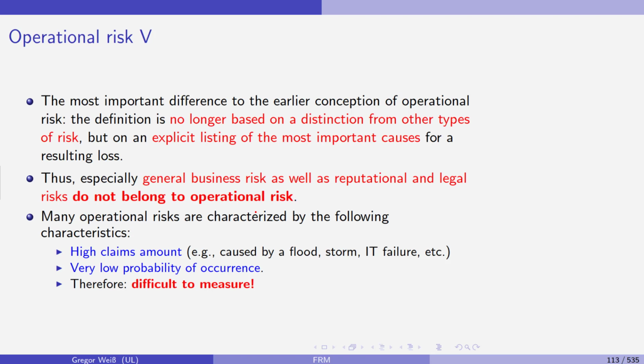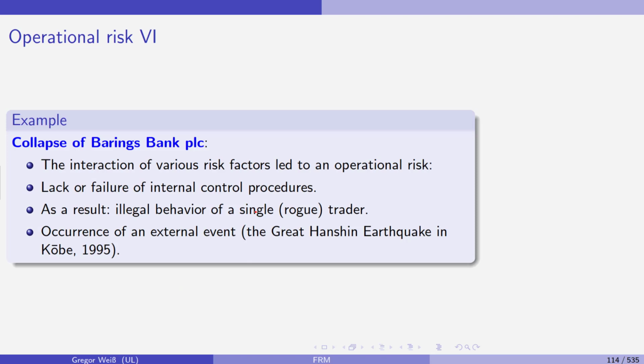But on the other hand, you have a very low probability of occurrence. It's the probability, for example, of having a power outage, the probability of your IT system failing completely. And as a result, high claims, very low probability of damage, and thus very difficult to measure. That makes it very difficult.